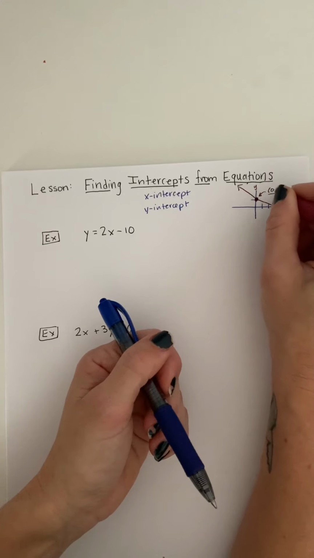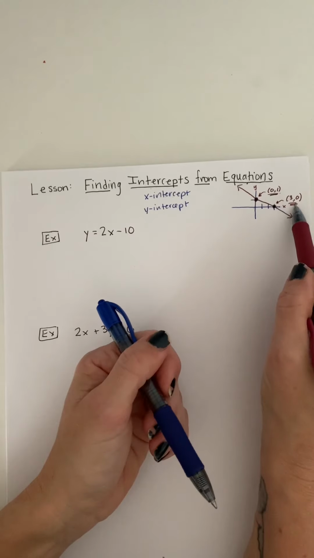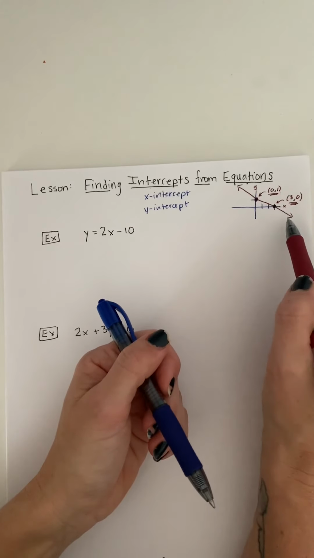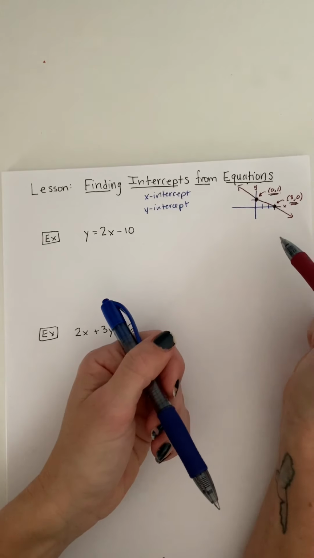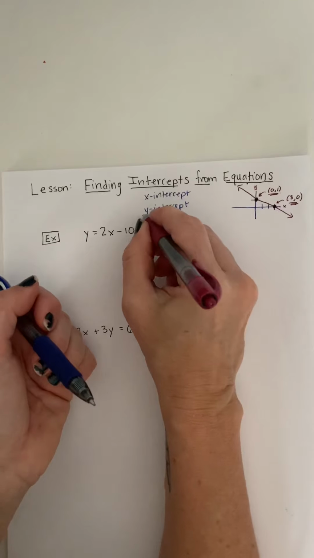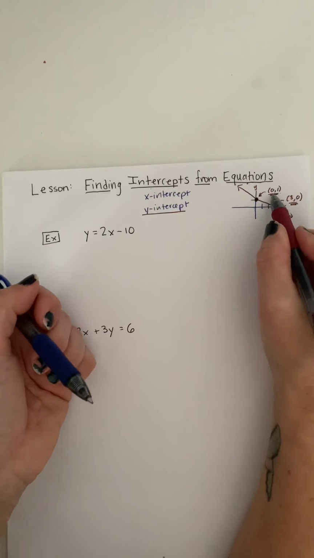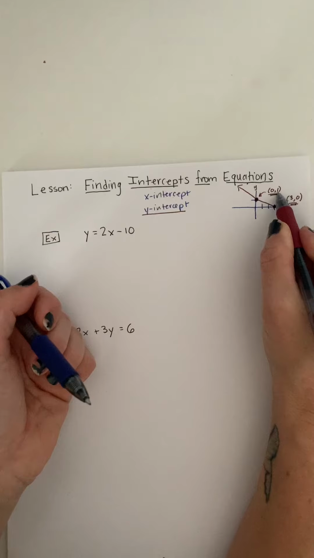It's really important to understand what the coordinates are of the x and the y-intercept. And it's important to know where the 0 is. So what I mean by that is, here's the y-intercept, right? The y-intercept, which one's 0, the x or the y? So this is the point that represents the y-intercept. Which number is 0, the x or the y?